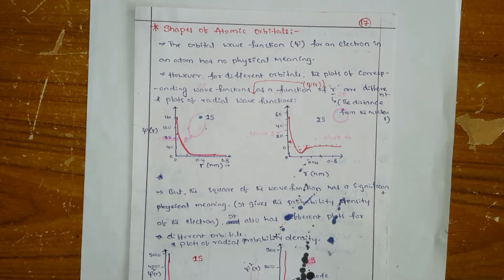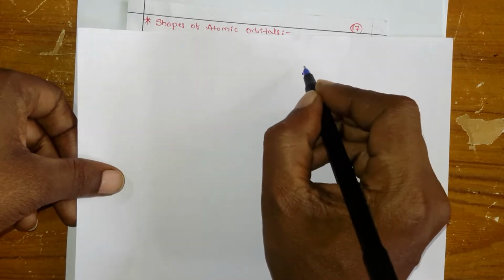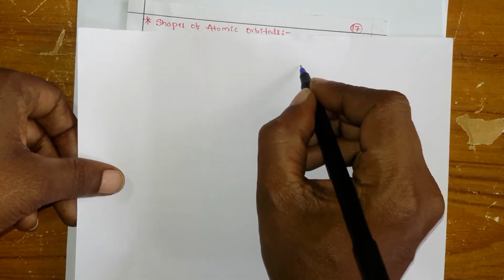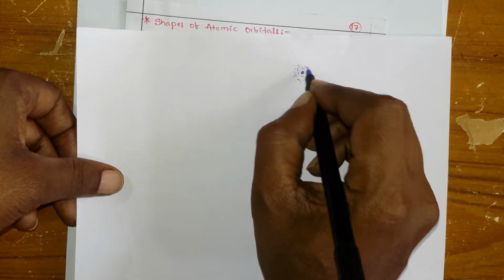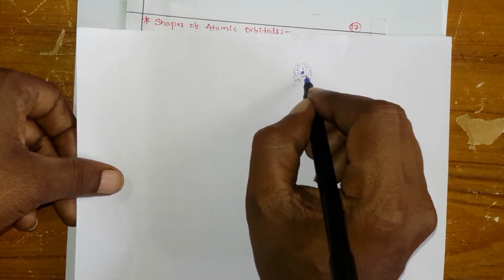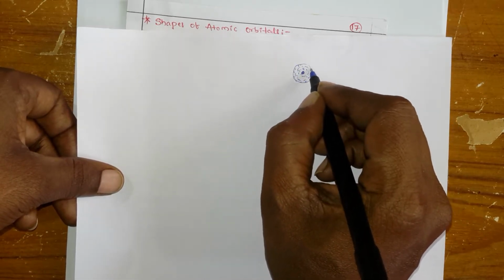The orbital is nothing but the region where the finding of an electron is maximum, according to the quantum mechanical model of the atom. You call it an orbital. Suppose this is a nucleus, and here the finding of an electron is maximum, so this place is a maximum.